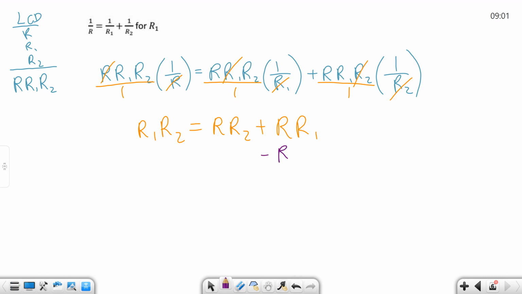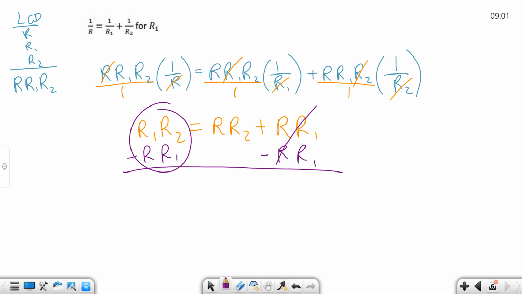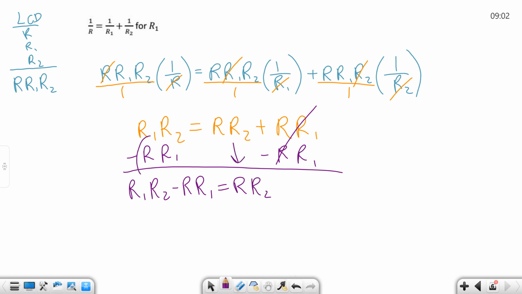So I'm going to subtract R R1 from both sides. That cancels, and I get, look, are these like terms? No, they're not like terms. So I have R1 R2 minus R R1 equals R R2. That term comes down, and then just this term and this term.